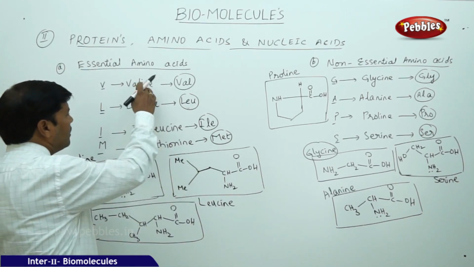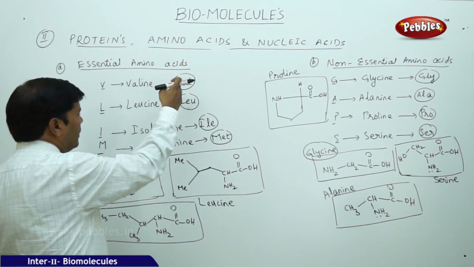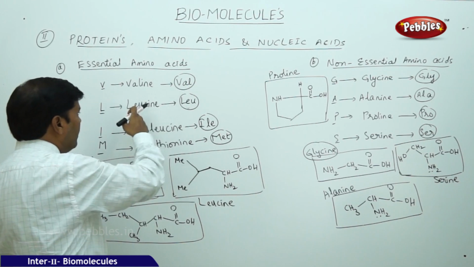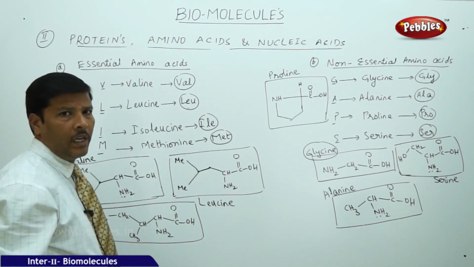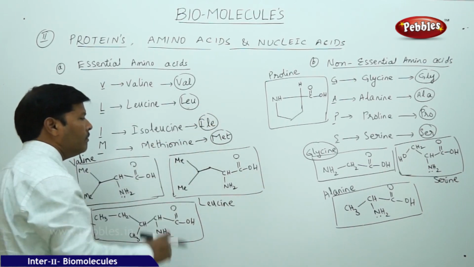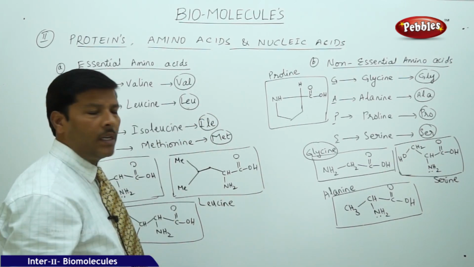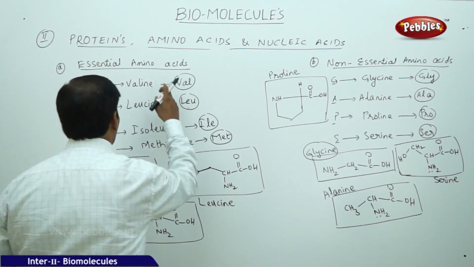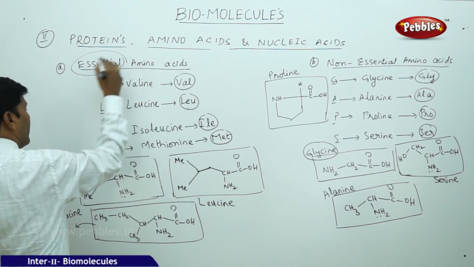In this random pick, I have picked valine with the 3-lettered code VAL, leucine with LEU, isoleucine with ILE, and methionine with MET.